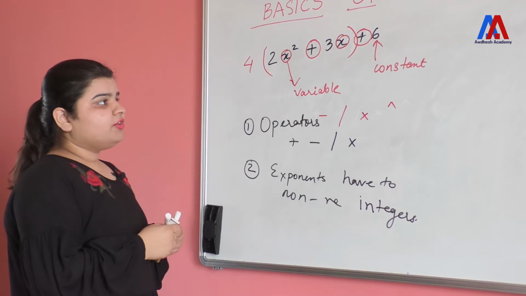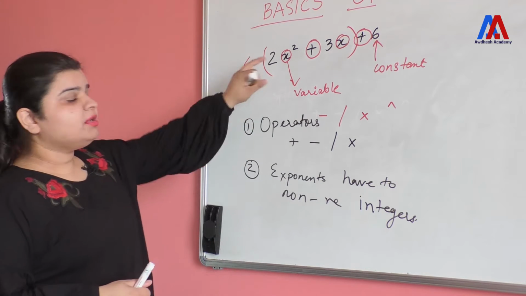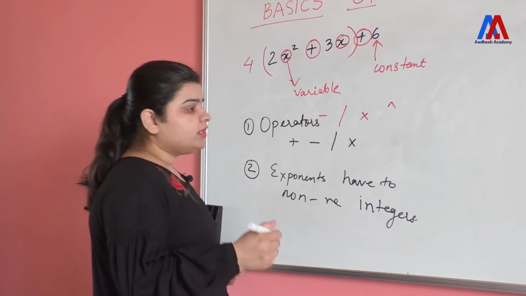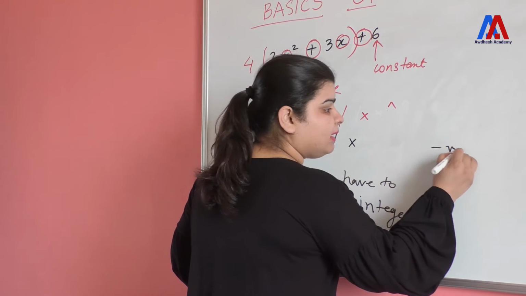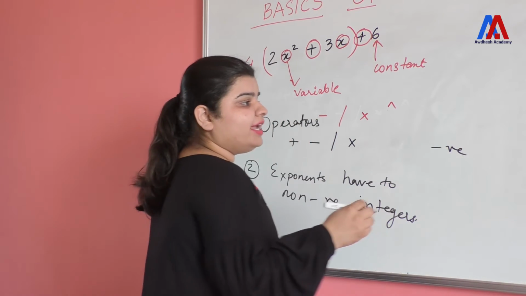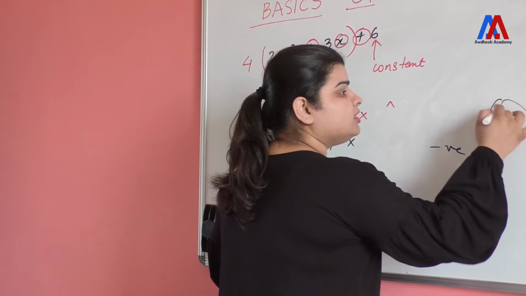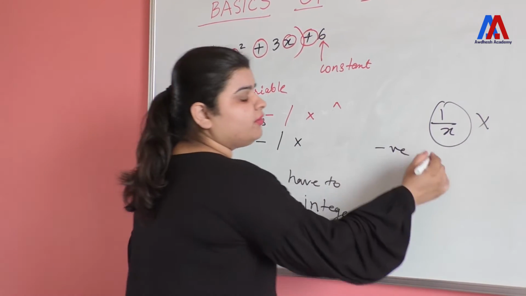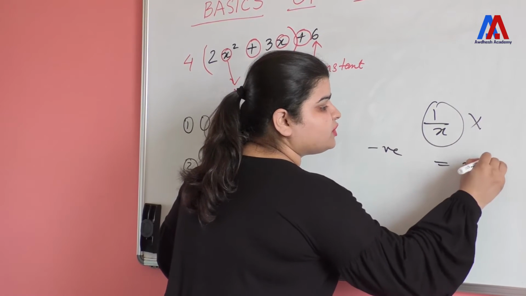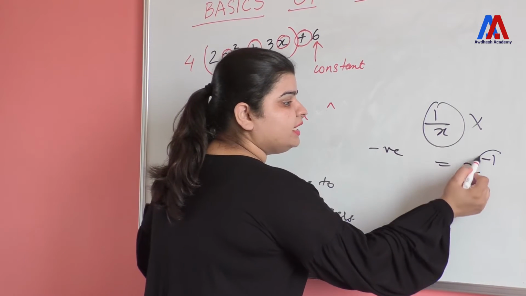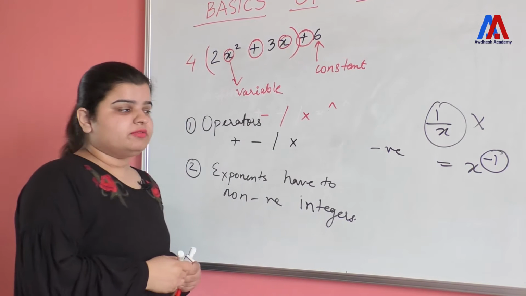That is, the exponents of the variable part cannot be negative powers. Suppose 1 by x is not a polynomial, because you can write it as x raised to the power minus 1, which would mean x has a negative power.